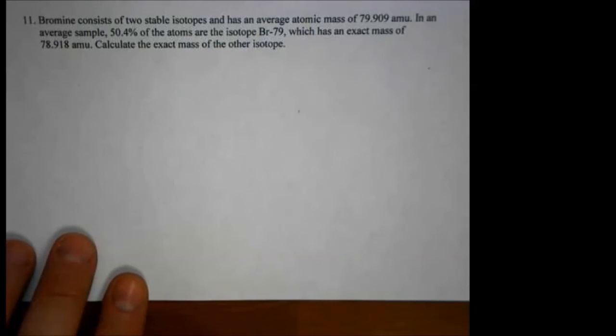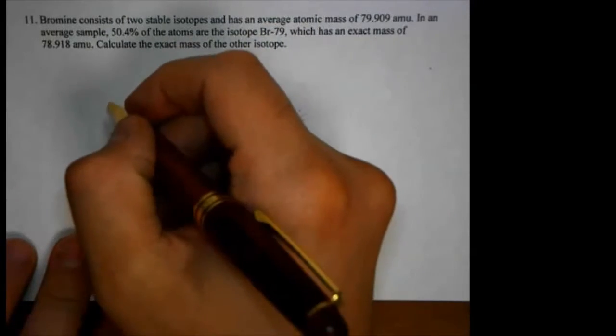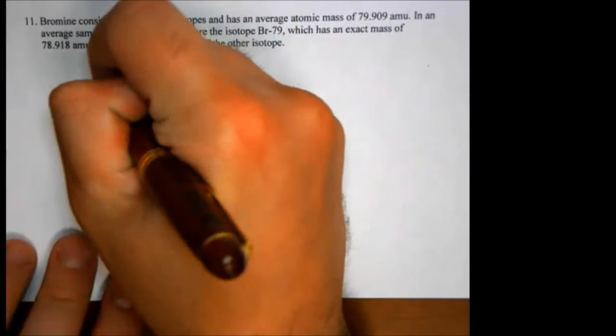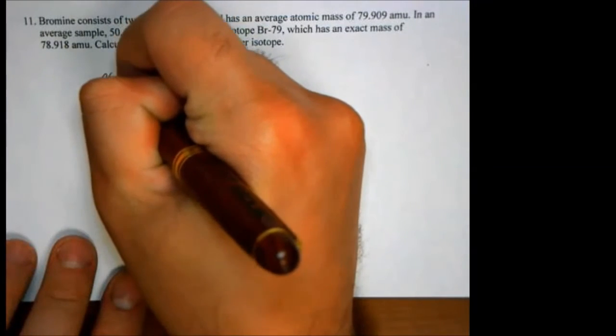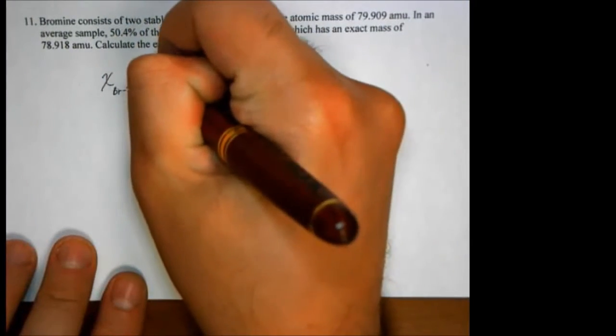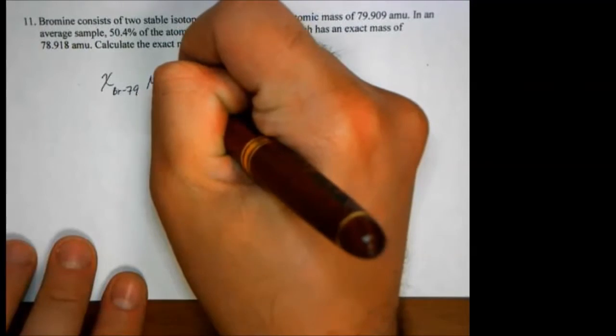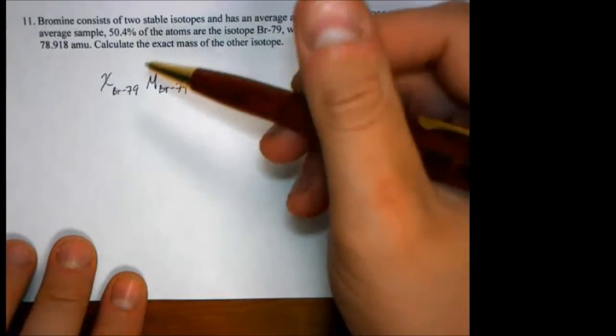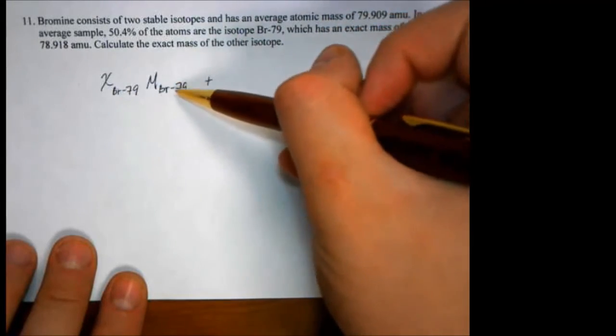The equation that we refer back to from class for any isotopic question is that the fractional abundance of a given isotope, so the fractional abundance of Br79 times its exact mass, will tell us how this contributes to the overall average.